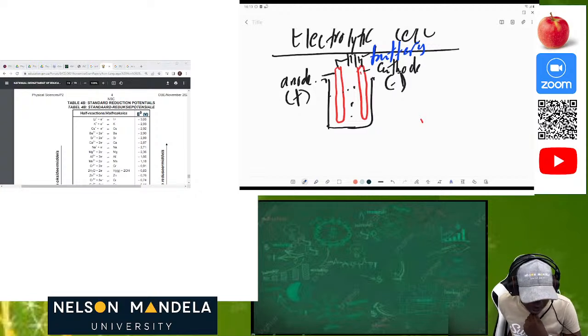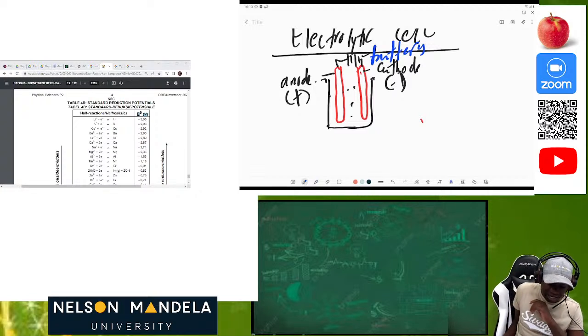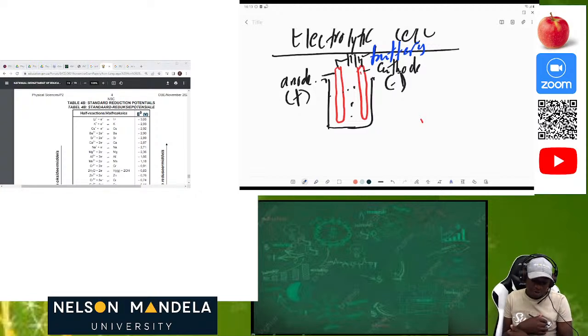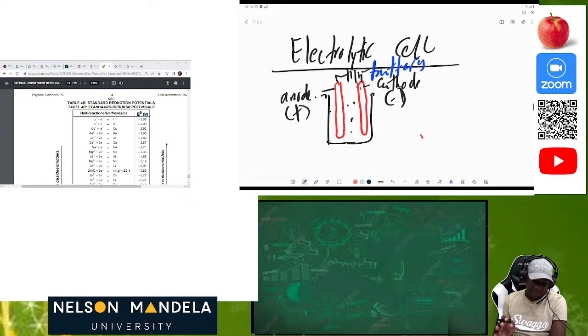The other thing which is important is that the negative ions, which are called anions, move to the anode where they are oxidized. Then the positive ions, which are cations, move to the cathode where they are reduced.